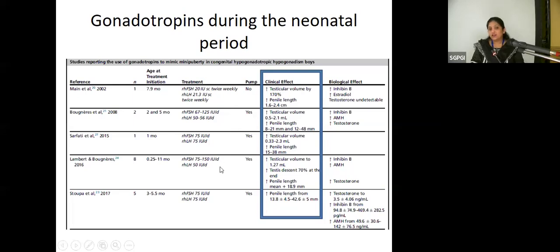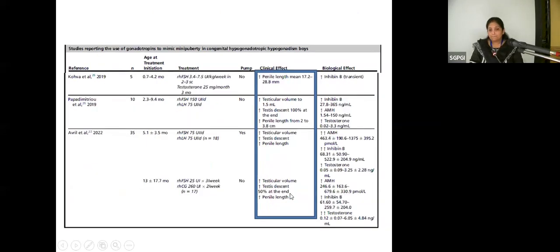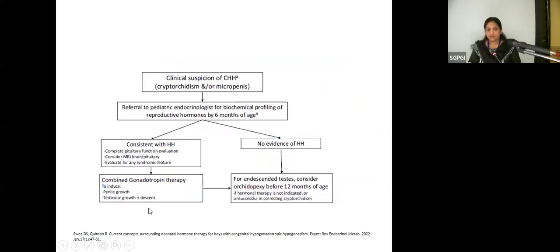It is seen that treating with gonadotropins might help in increasing the testicular volume and the penile length, as well as in testicular descent in some of the cryptorchid children. But because most of the studies were done after 2015, we are yet to have the actual data in adult life, on whether it is actually helping the males in the pubertal age group.